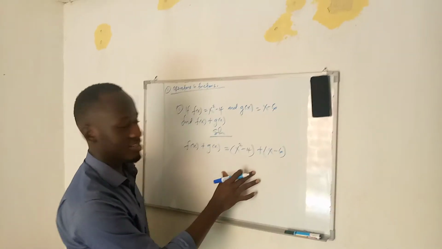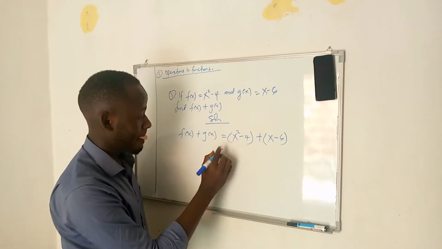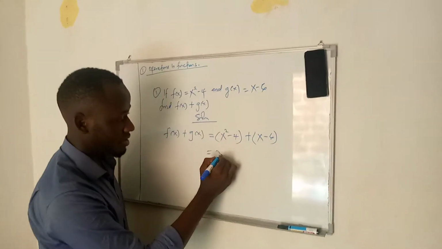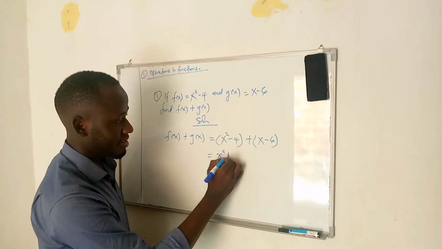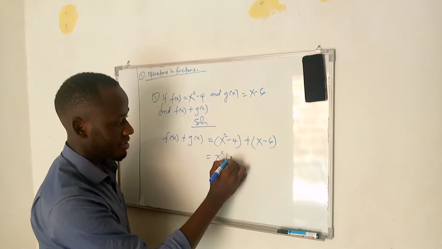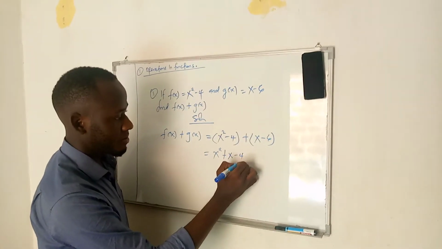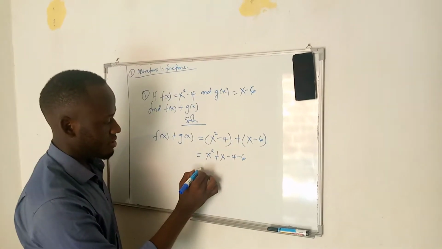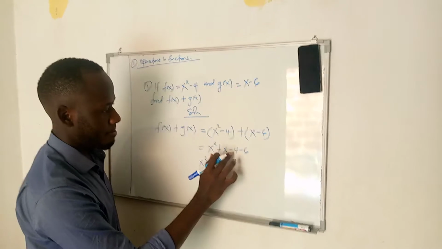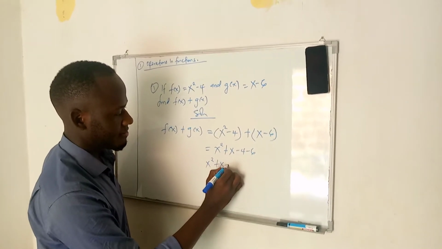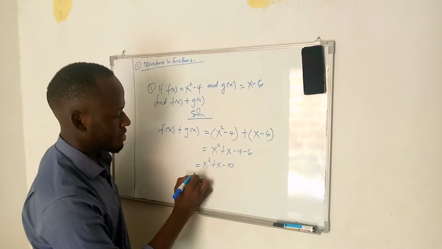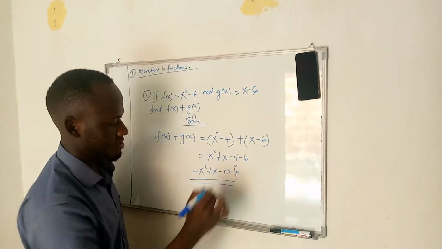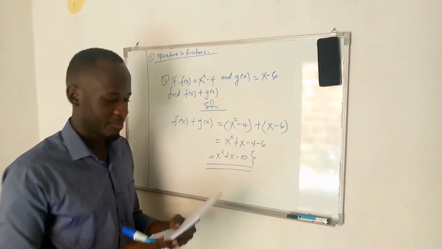At this point we have to collect like terms. So we shall have x squared plus x, then minus 4 minus 6, which gives minus 10. So this will be our final function. That is our problem number one.